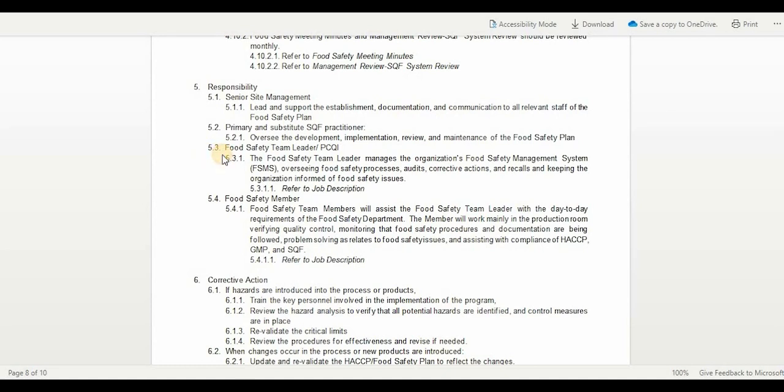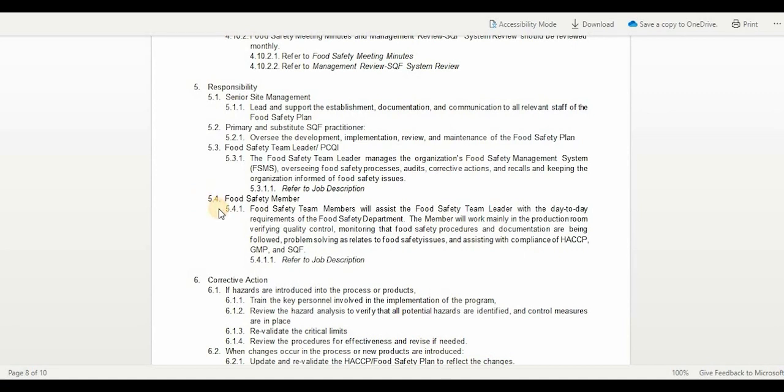The food safety team leader manages the organization's food safety management system, overseeing food safety processes, audits, corrective actions and recalls, and keeping the organization informed of food safety issues, which may refer to job description. And the responsibility of the food safety member.